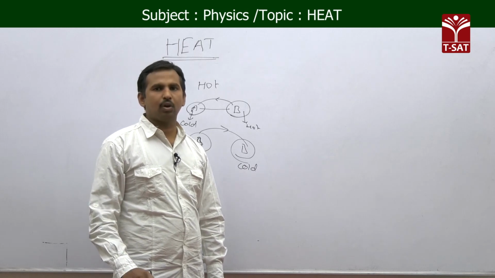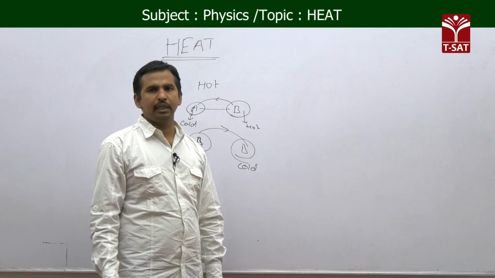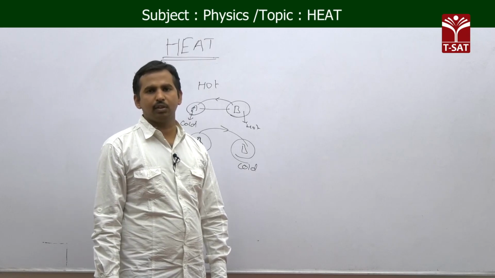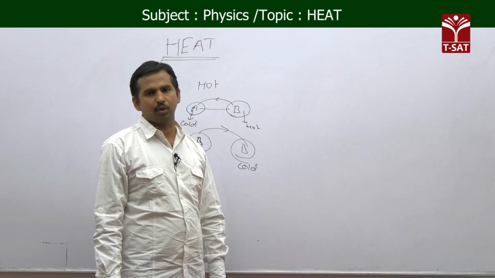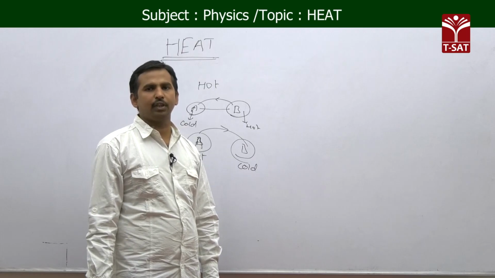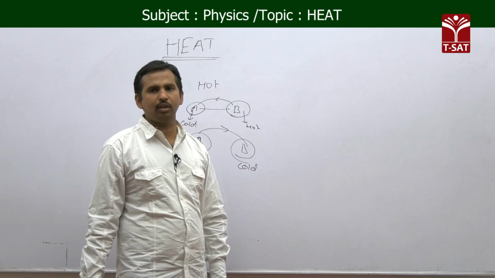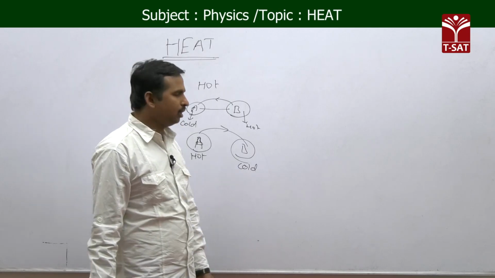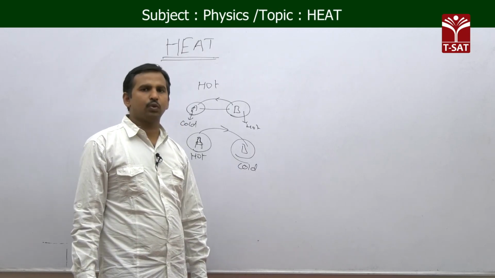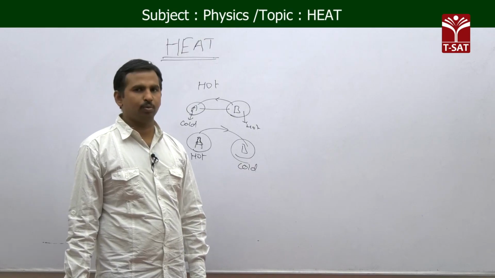If on touching the body you feel you are absorbing heat energy from the object, then that object is the hot body. So heat always transfers from a hot body to a cold body.